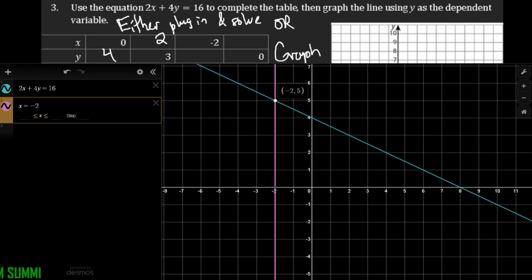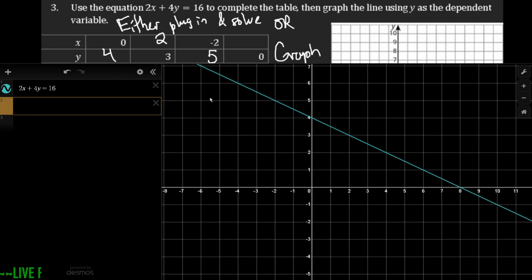So let me write 5. And when y equals 0, what is your x value? It's going to be 8. So notice how I'm able to find each of those values by graphing it out. So make sure you can graph that out using Desmos, and find where those points intersect.